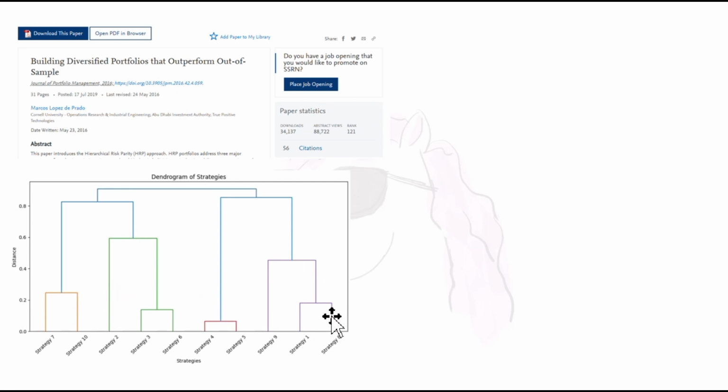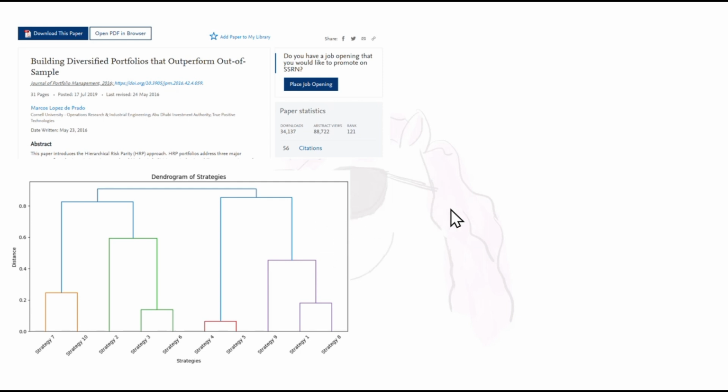You can also think of it, for instance, as strategy 1 and 8 being just two US stocks, and then this part could be UK stocks, and then eventually the right-hand side of this diagram is just stocks, and the left-hand side could be bonds, and then you have UK bonds, US bonds, and so forth. So it clusters things by looking at their correlation.